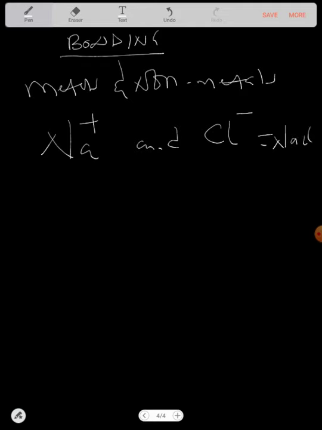Now how does this occur? Sodium has how many shells? Sodium has 11 electrons, chlorine has 17 electrons. So this is how it happens. So we have shells. Let me do that.